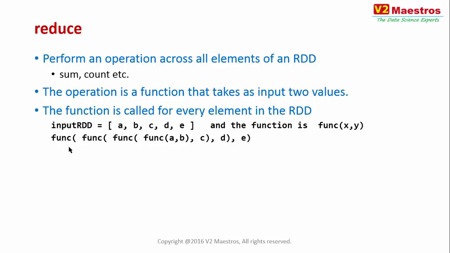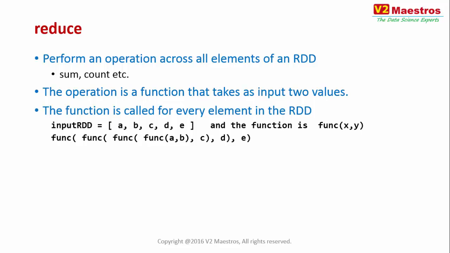Actions are not typically partitioned. They don't work on partitions because they operate across all the partitioned RDDs. But the way the operation is performed here is such that it goes and performs first in one node.